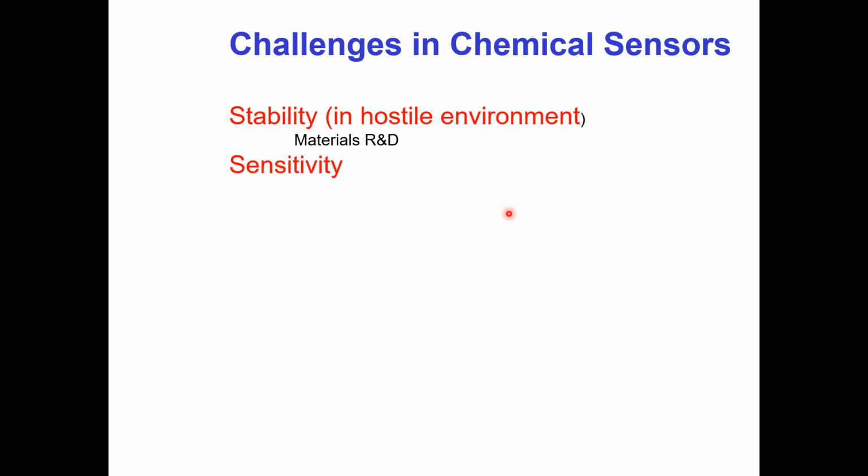With that, I'm almost ready to conclude this lecture. So what are the challenges and opportunities in this area? Obviously, stability is a big topic of research, particularly if we are trying to make high temperature sensors, so-called hostile environment sensors. So there are a lot of materials research and development opportunities. And then sensitivity: obviously one can use nanomaterials and structures to enhance sensitivity and recovery and response time.